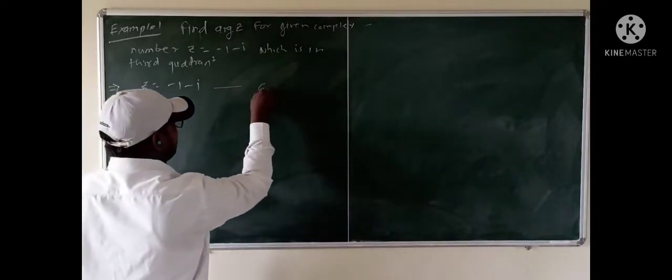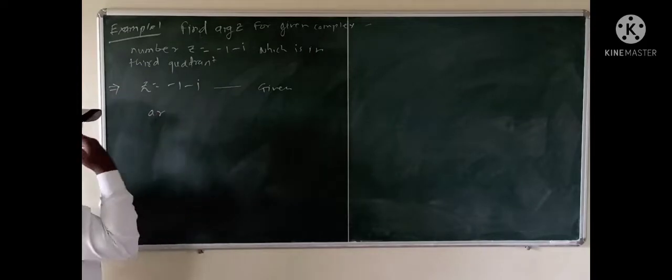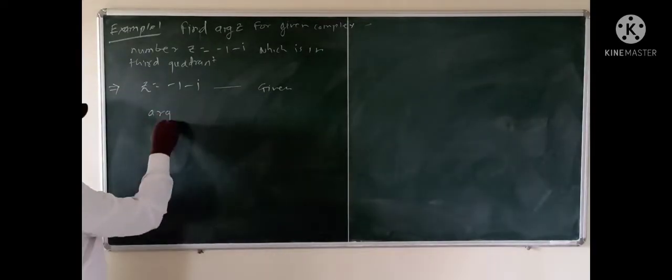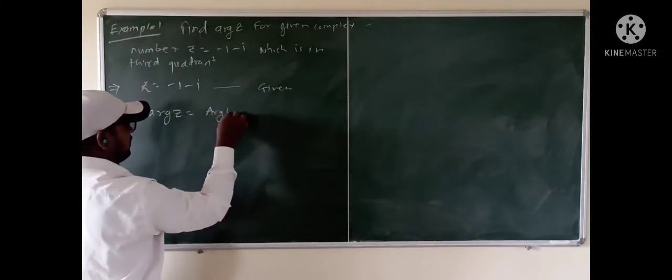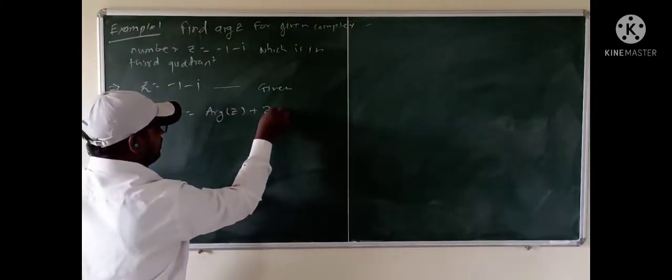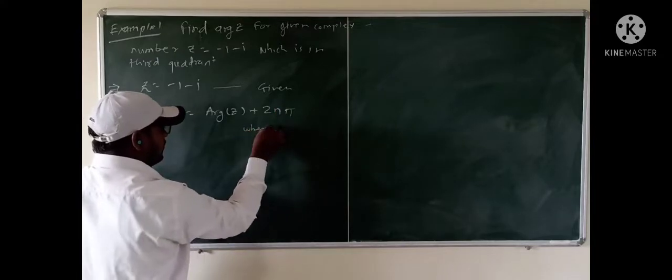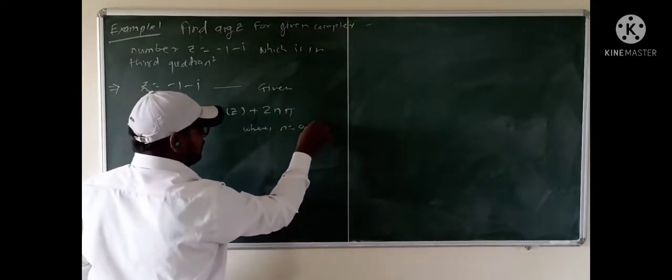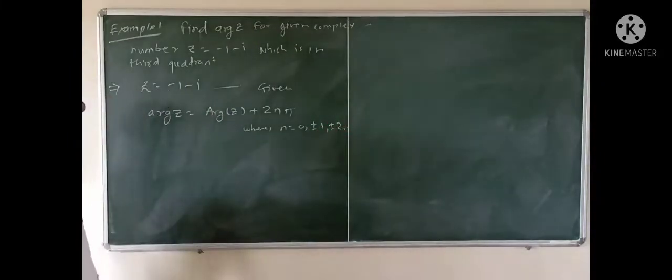As we have seen previously, the argument of z is given as the principal argument of z plus 2n pi, where n is equal to 0, plus minus 1, plus minus 2 and so on.